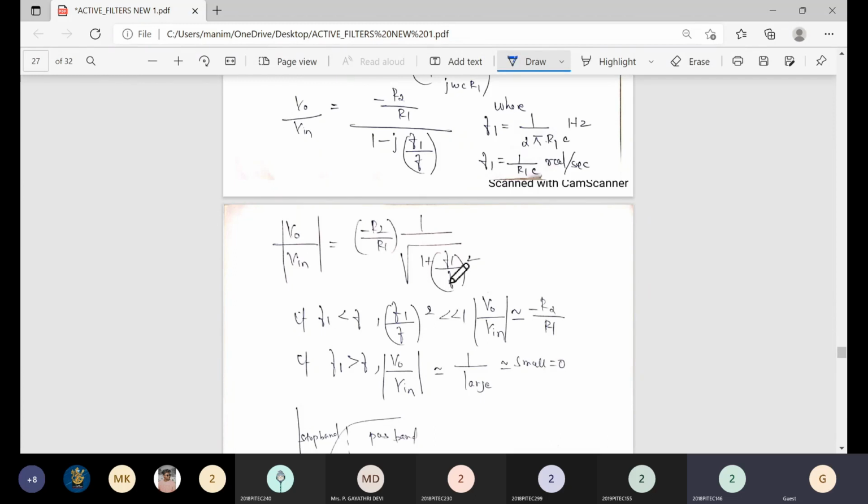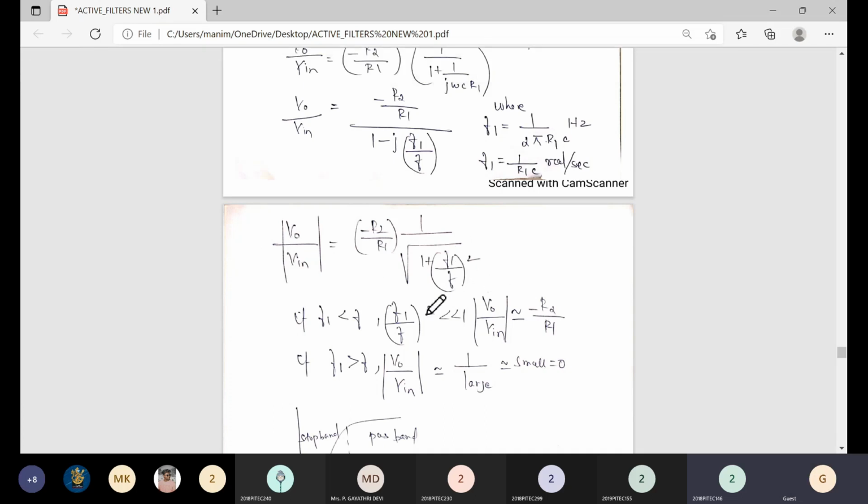When F is greater, what is the value of the magnitude of the voltage gain? F is a very large value, so the term F1 by F is small, and we consider only minus R2 divided by R1.